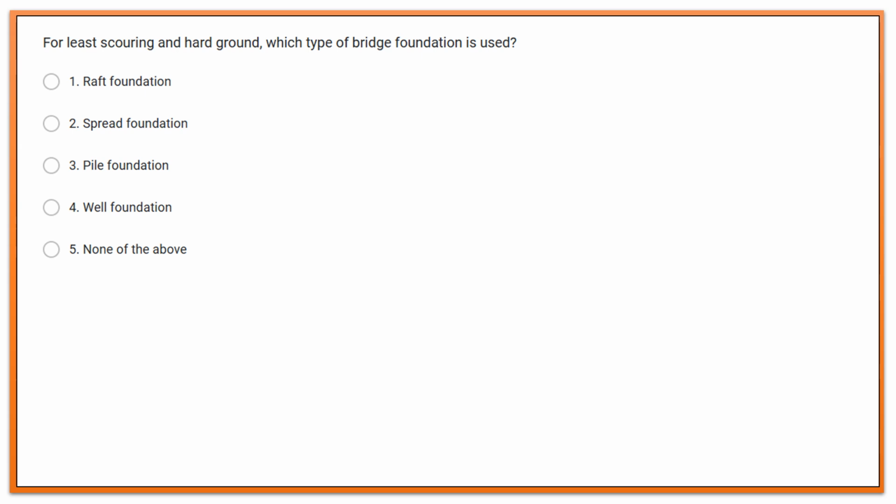The spread foundation is used in hard ground. The next, pile foundation, is used in soil which is not hard enough to resist the load, so there we use the pile foundation. But here in the question they ask about less scouring and hard ground. So for hard ground we prefer the spread foundation. Here option number second is correct.